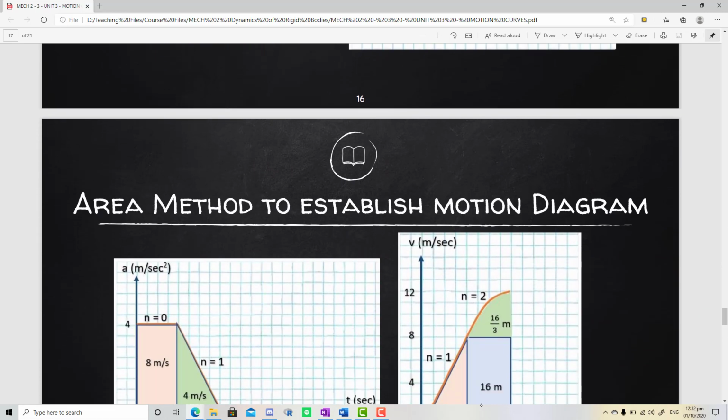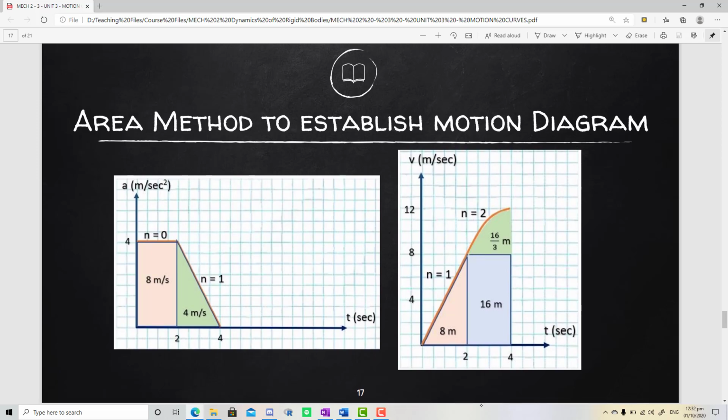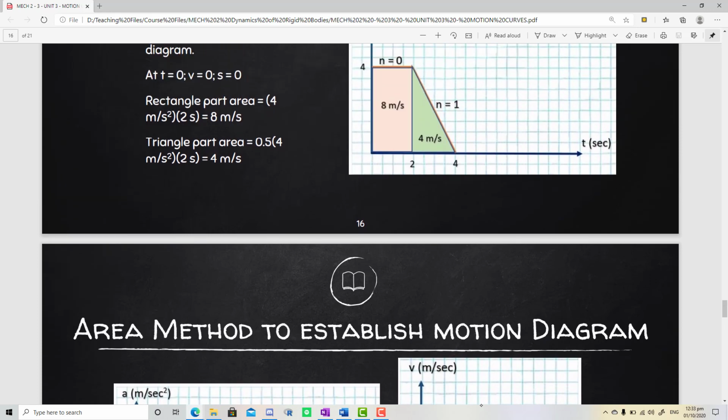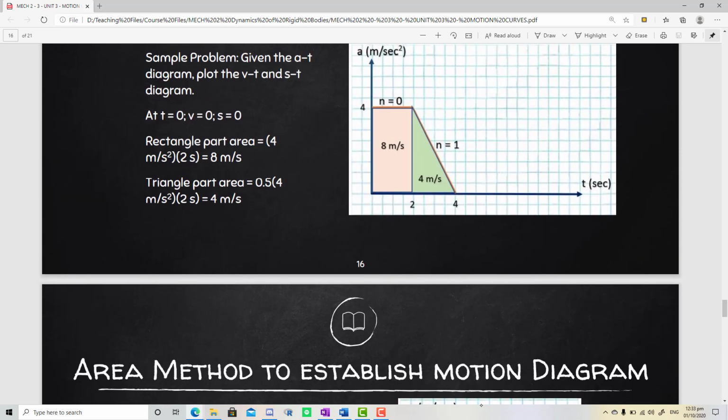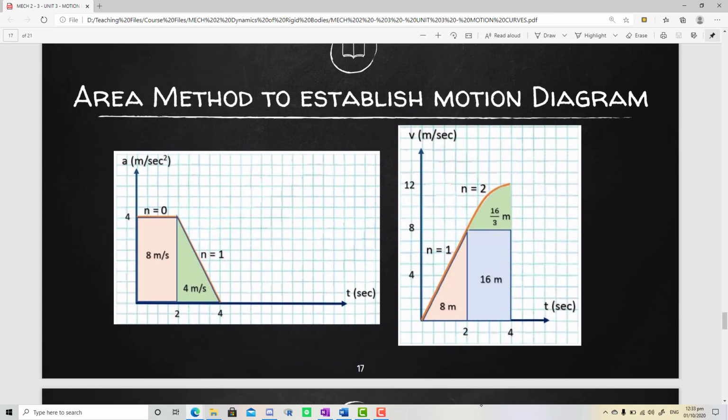using that solution, we will arrive at your velocity time diagram. We have a condition a while ago that your velocity when time is 0 is also equal to 0. So, if you notice here in our velocity time graph, we started at 0 because the area is just talking about the change.